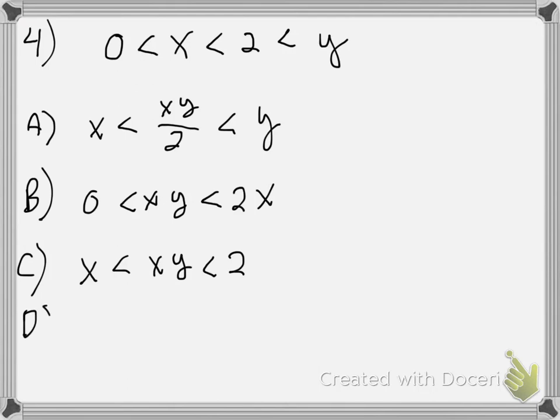D, 0 is less than xy, which is less than 2. And part E is just x times y is less than y.